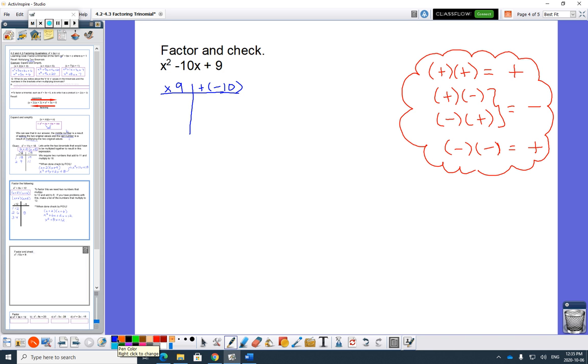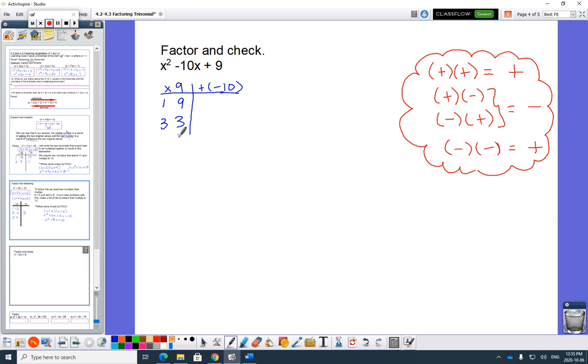If the numbers are positive in your trinomial, then that's wonderful. But as soon as there's a negative, then you have to be a little bit careful. Okay, so multiply to 9, we have 1 and 9 and 3 and 3. So when you have a negative number, then again, when you're adding, let's say you did negative 1 and positive 9, you would get positive 8.